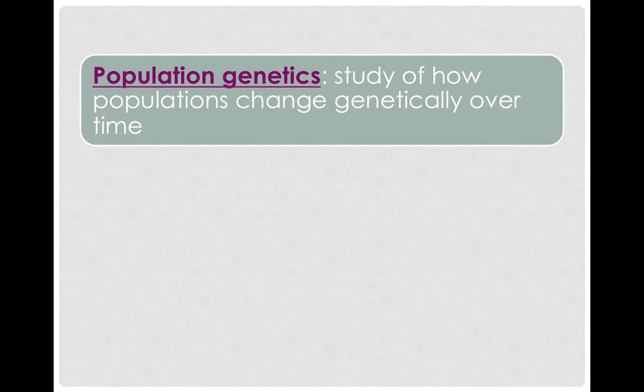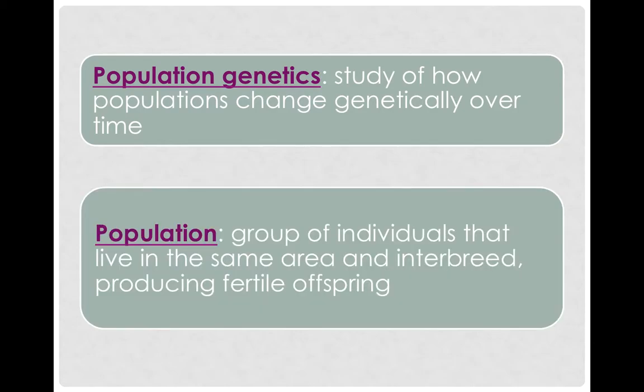Population genetics, which is the focus of chapter 23 and will be the focus of most of our studies over the next about 4 days, is the study of how populations change genetically over time. To really understand this, we have to have a definition of a population on point.